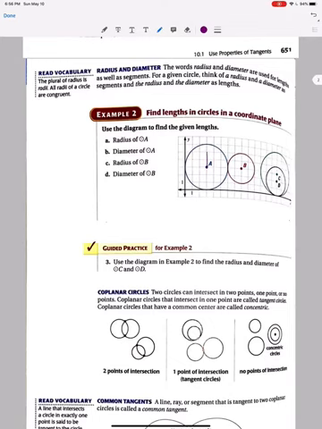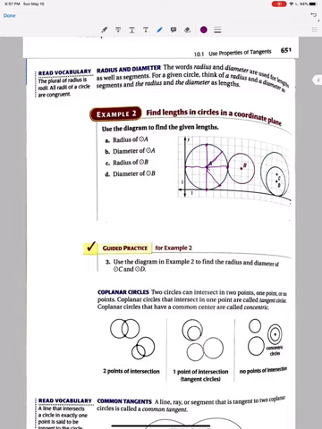If you go north, south, east, west, you see that it hits exactly on the circle, which will help you easily find the radius. If you had to count from here to here, you'd have to use the distance formula, because it's not an exact point. But when you just go north, south, east, west, you can easily find the radius or the diameter.